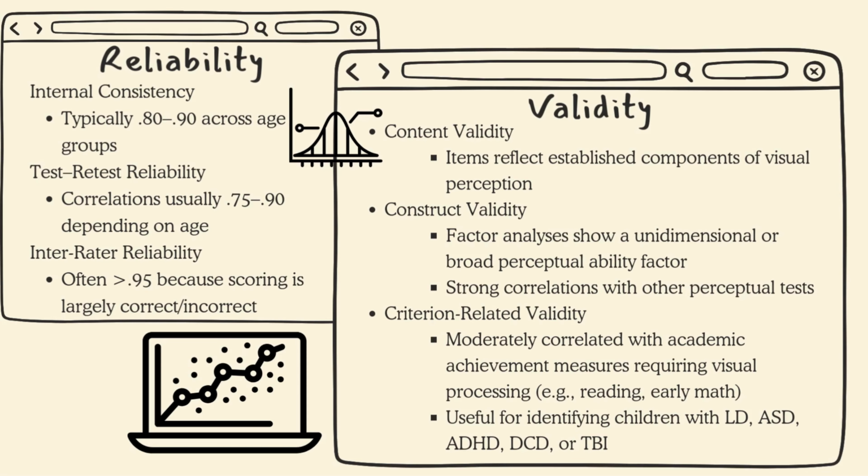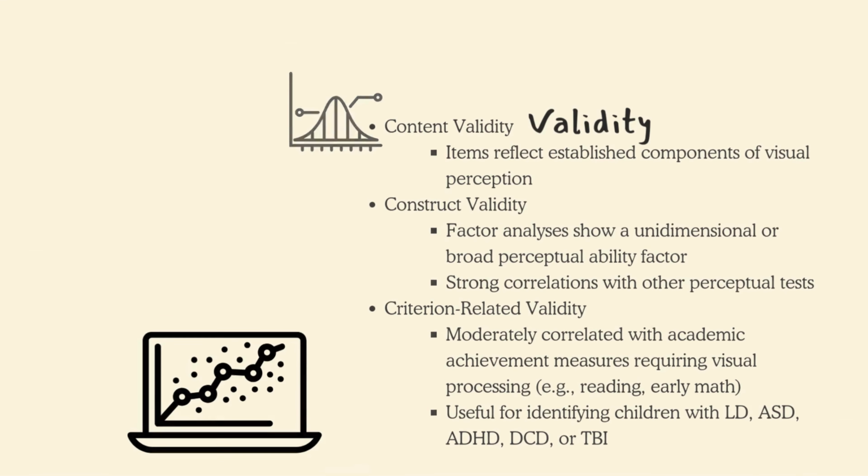As a unidimensional measure, it has good construct validity, and it has strong correlations with other perceptual tests. Criterion related validity is moderately correlated with academic achievement measures requiring visual processing. It's also useful for identifying children with certain disorders, but it's not a diagnostic tool.